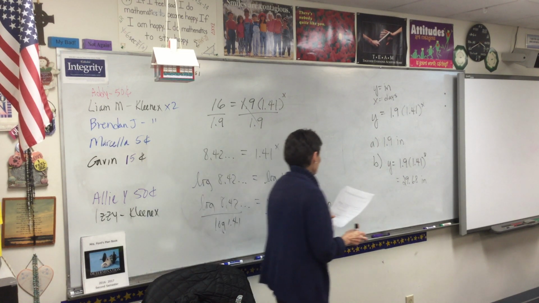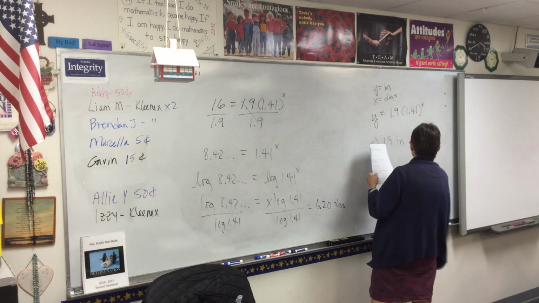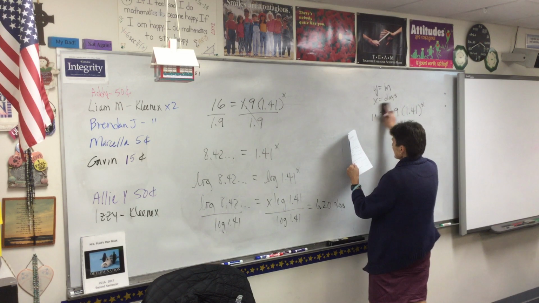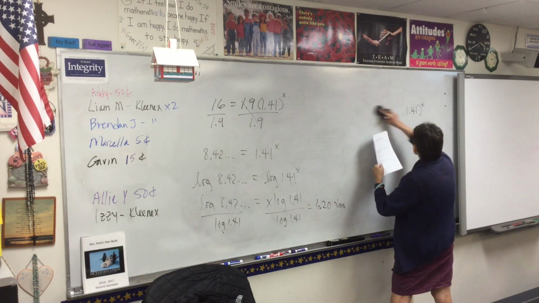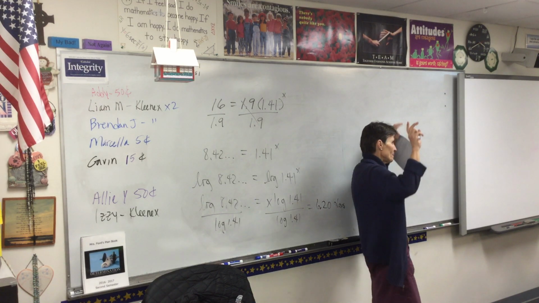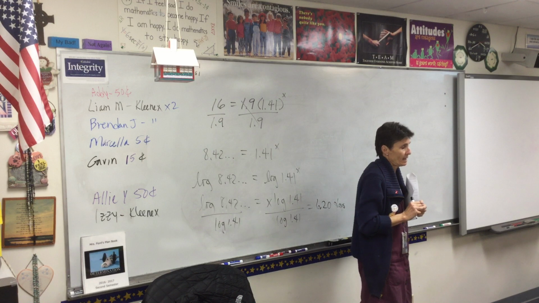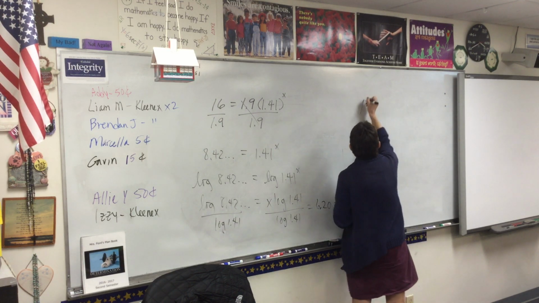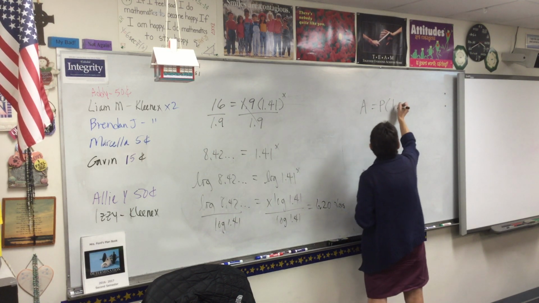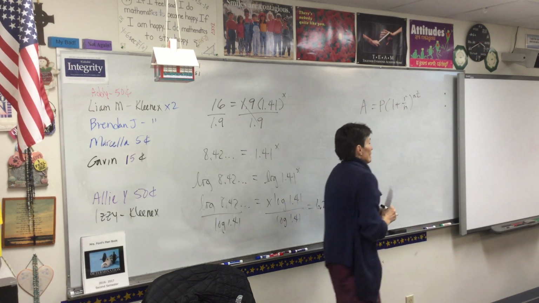Your favorite relative deposits $1,212 in an account paying 3% interest compounded monthly. What formula? A equals P times (1 plus r over n) to the nt.